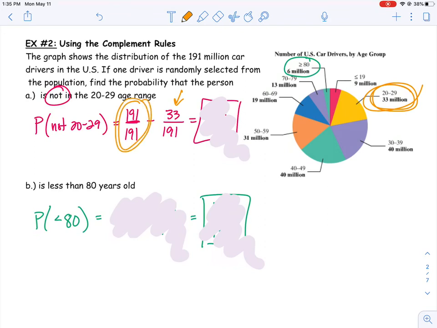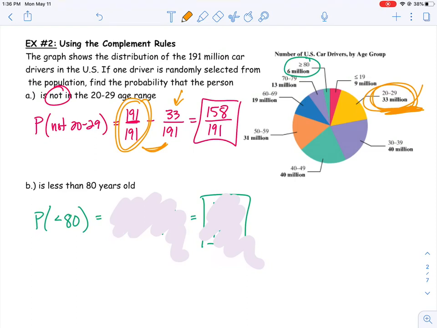That's 191 out of 191. That's one whole minus the group that I have will give me everybody that's not 20 to 29 years old. That's 158 out of 191. Hopefully that makes sense. Again, you found all the people that were in the age group, and then you just subtracted it from the whole amount to get the people that aren't 20 to 29.